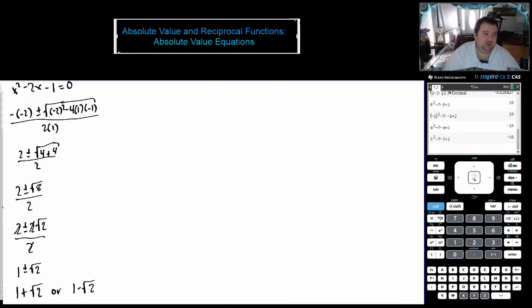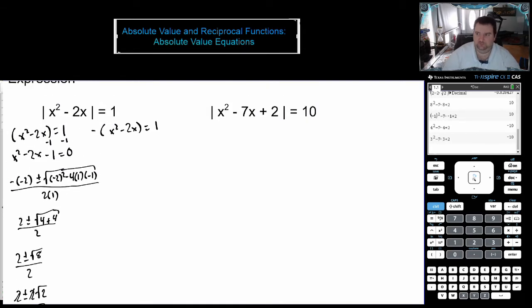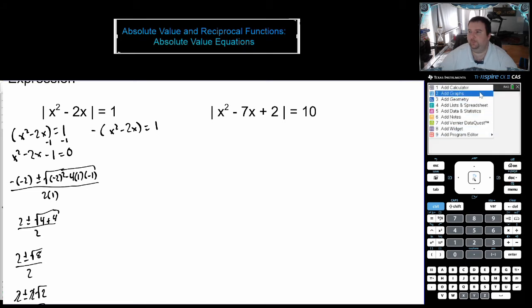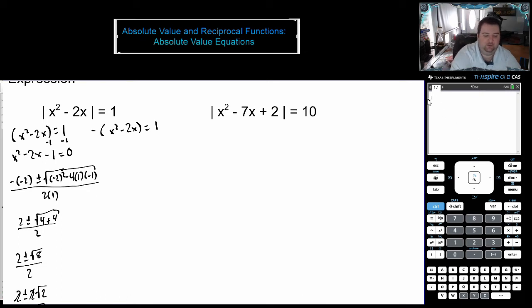Let's go ahead and check these. So we're going to use our calculator. All right, and let's test it out. So we have 1 plus root 2. Now this is going to be squared.